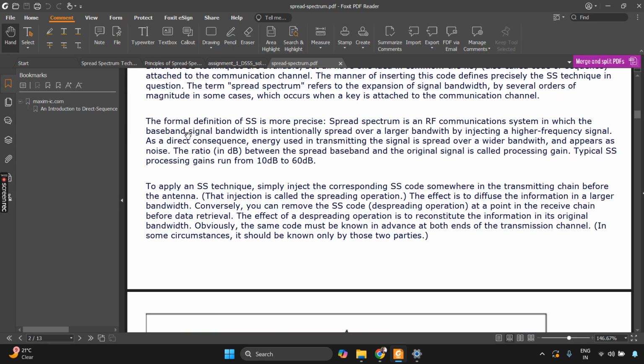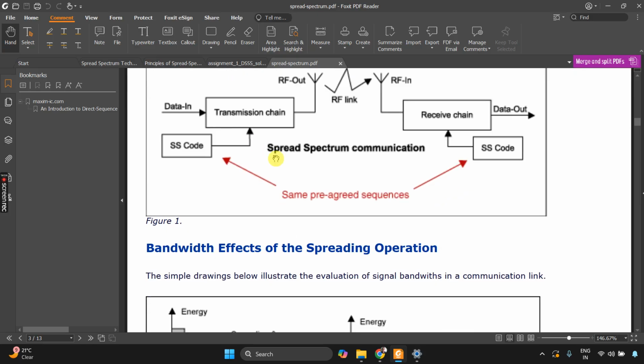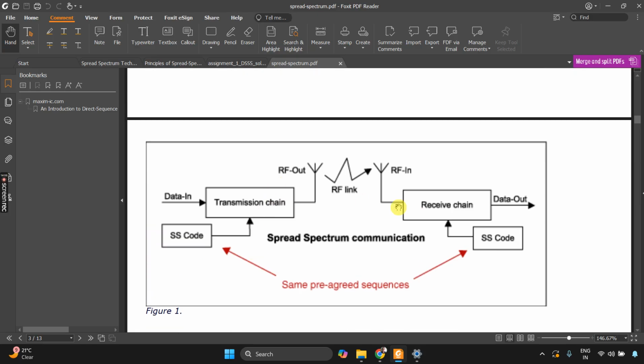Okay, so this is spread spectrum. Spread spectrum codes are injected in the transmission chain and mixed with the data before it is transmitted. Similarly, the spread spectrum code is mixed in the receiver chain to despread the data.